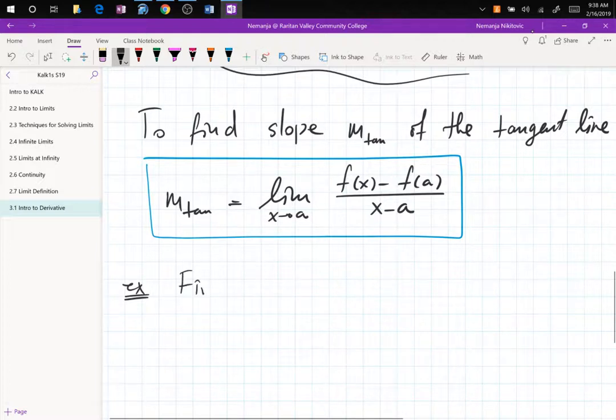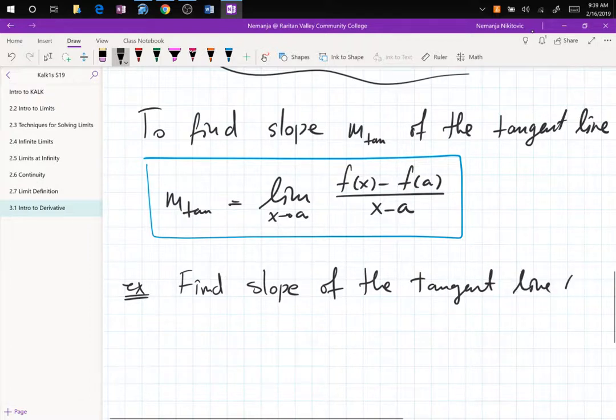So find the slope of the tangent line, in future capital TL, so we don't have to spell out tangent line every time, for f(x) equals, let's say, x squared minus 6, at x equals, I don't know, 3, whatever.